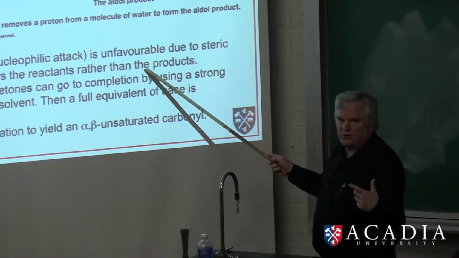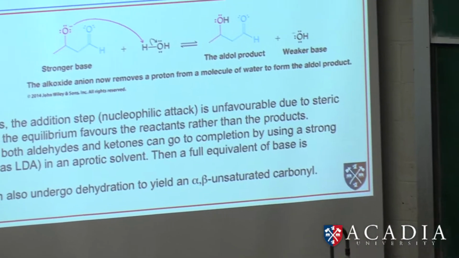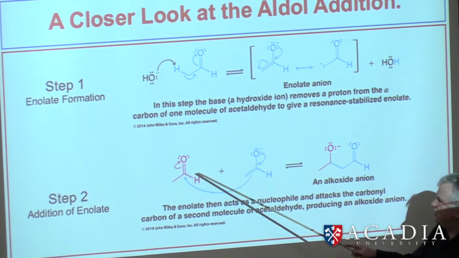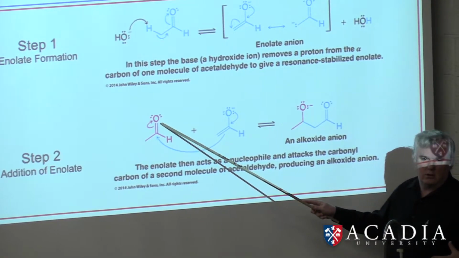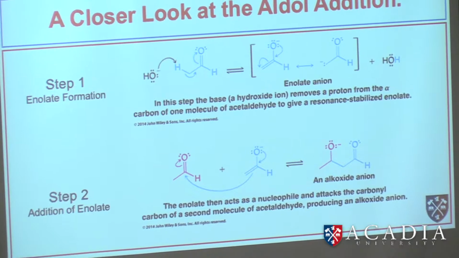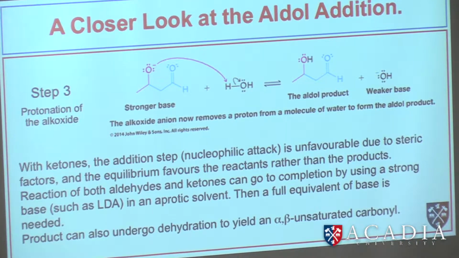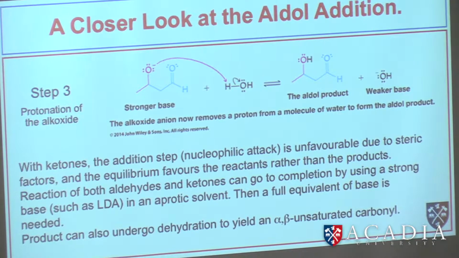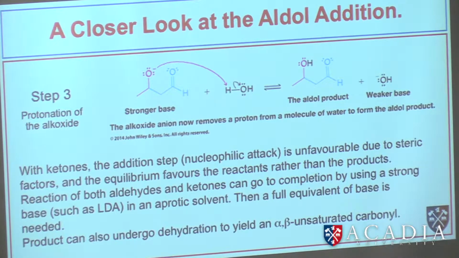With ketones, the reaction is less favorable because this step is disfavored, because as soon as we put another carbon there, this is a poorer electrophile. It's not as good of an electrophile. So with ketones, this reaction is not quite as good. We can force it to go, and there's lots of useful reactions that do an aldol, but we set the conditions up to make it happen. In most cases, it's unfavorable.